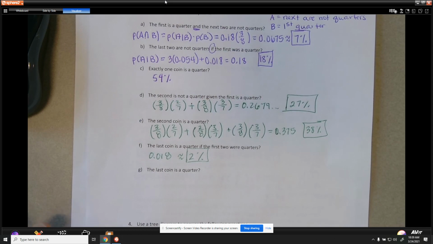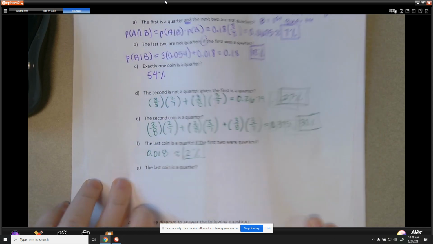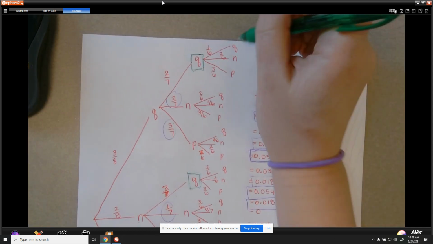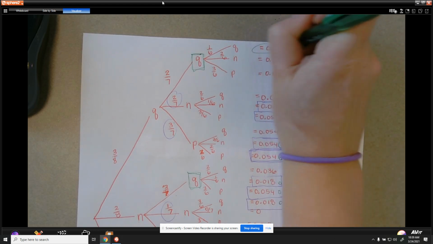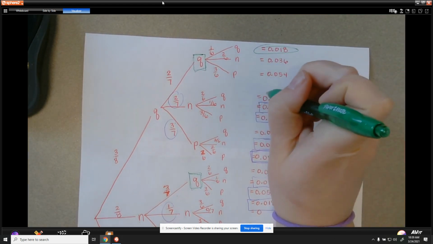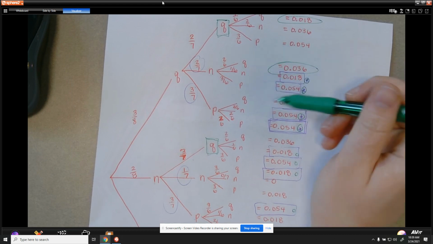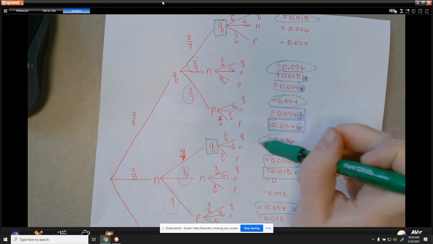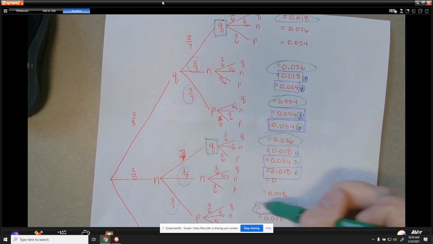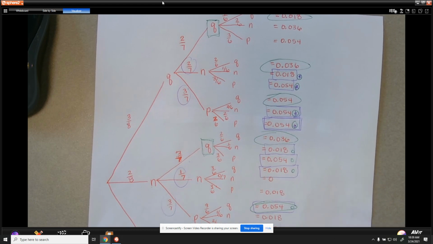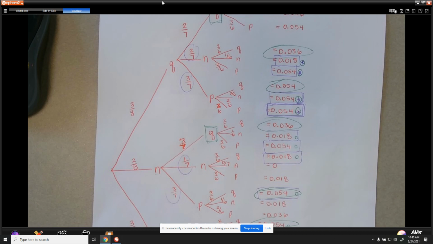And the last coin is a quarter. So I've got my last coin being a quarter here, here, here, here, and here. All right, so I'm just adding all those up because we're moving vertically.